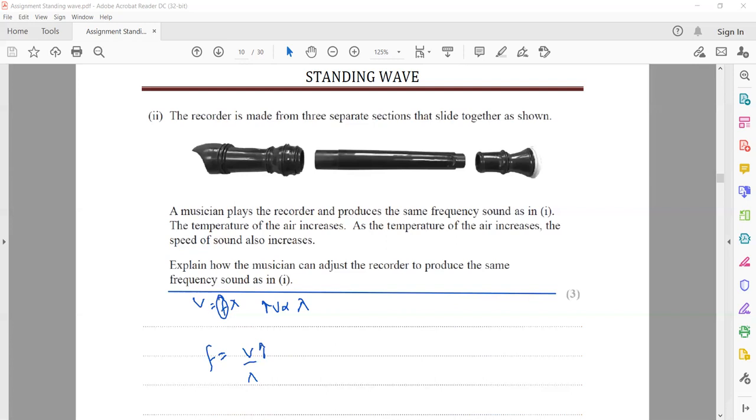So if V is increasing, lambda should be increased so that the frequency will remain constant. So to keep the same frequency, the wavelength should increase.